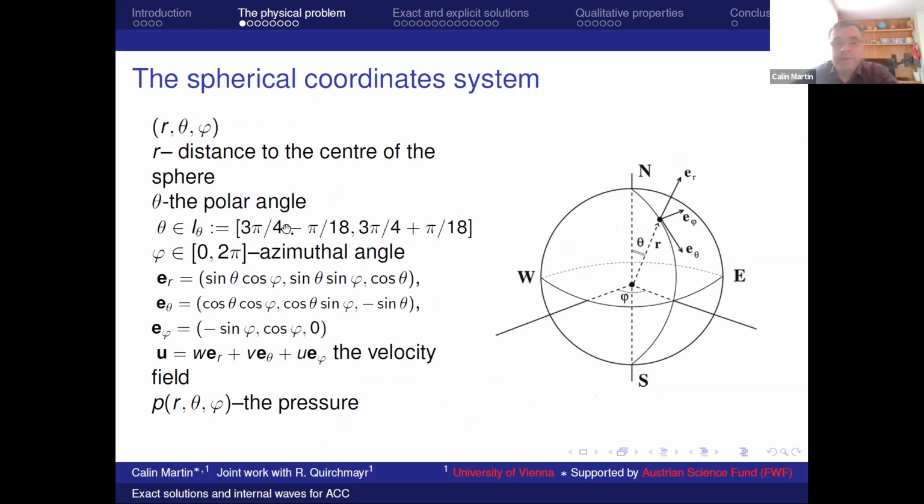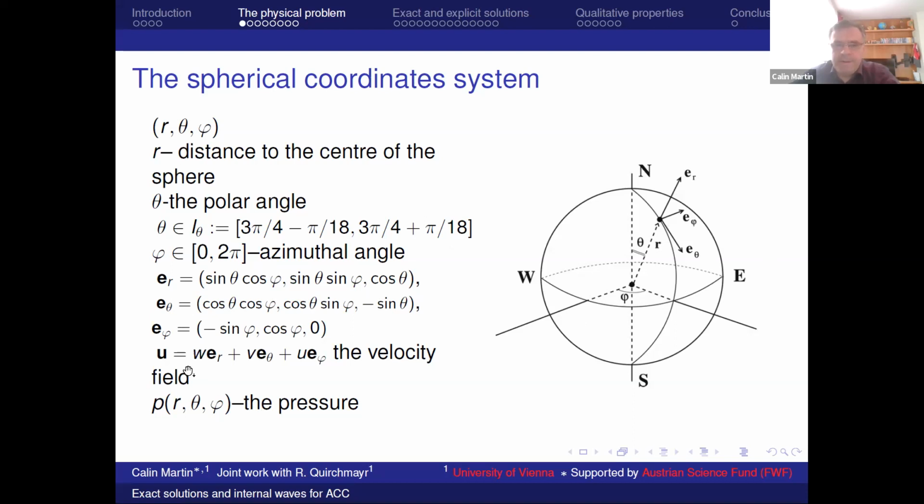For the purposes relating to the ACC, theta is supposed to lie in the interval from 3 pi over 4 minus pi over 18, up to 3 pi over 4 plus pi over 18. Phi denotes the azimuthal angle, and e_r, e_theta, and e_phi is our right-handed coordinate system located at a point on the surface of the Earth that rotates with the Earth.